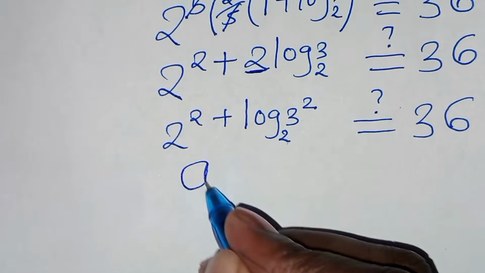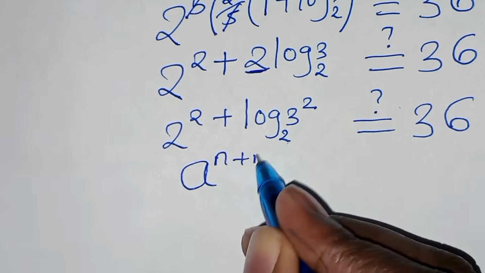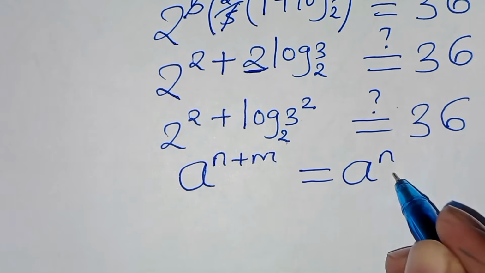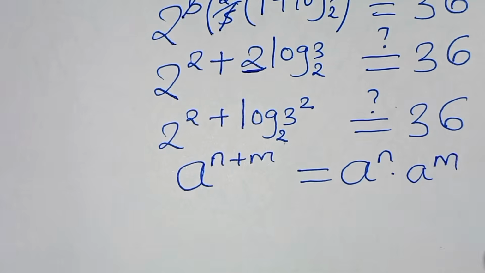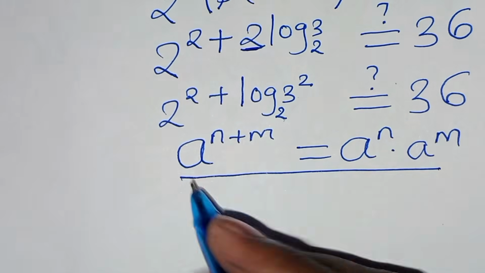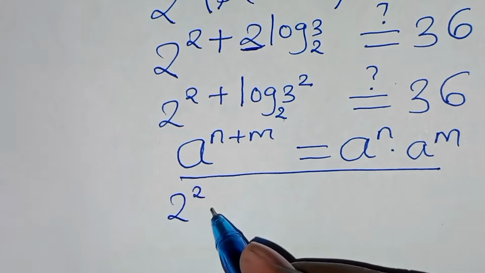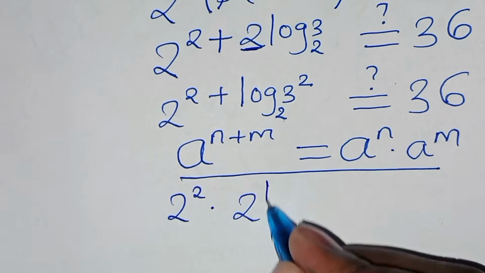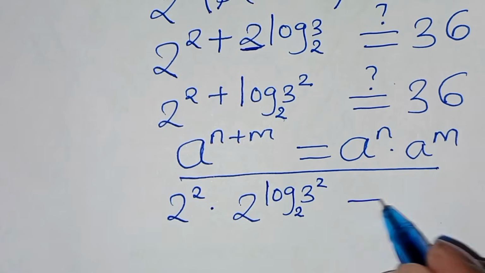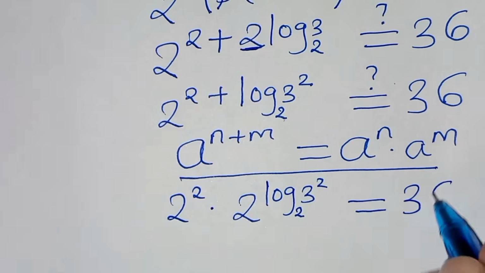This is in the form of a to power n plus m, which you can express as a to power n times a to power m. Applying this exponent property, then we'll have 2 to power 2 times 2 to power log 3 squared to base 2. This should give us a value of 36.